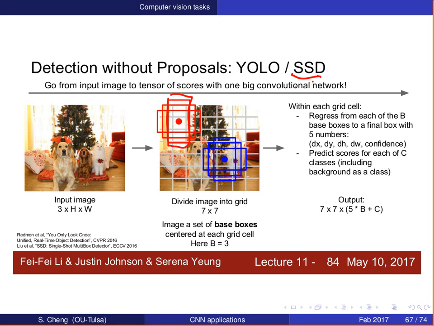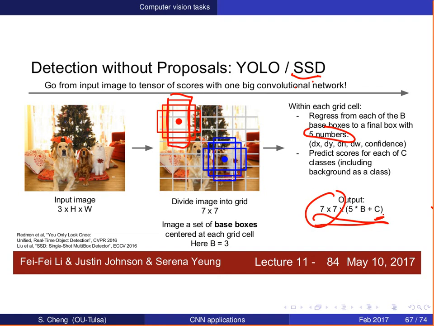Any questions for that? Right. So in this case, as you can see, the number of outputs is fixed. I assume that you can partition the image into 7 by 7 grids, and that each grid has 5 different base boxes, and let's say I have C classes.